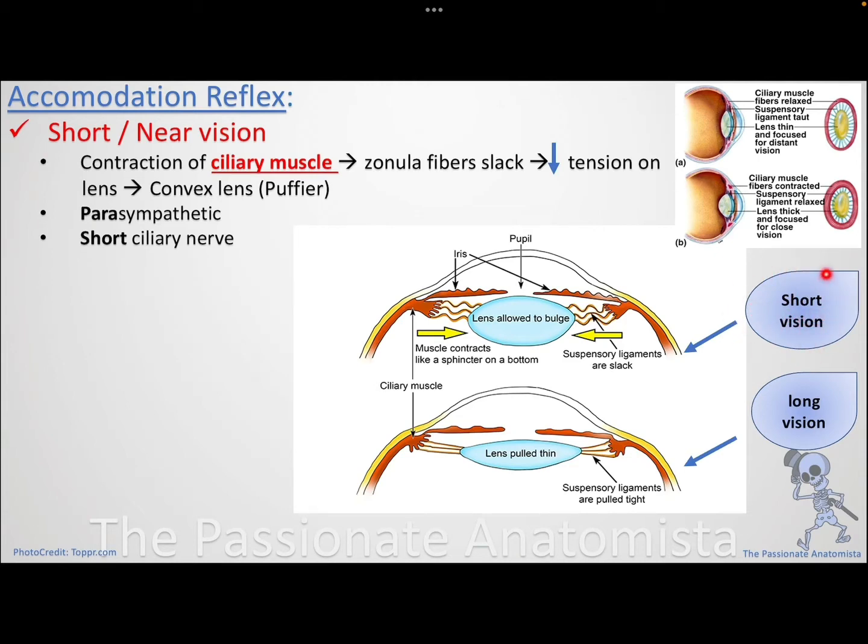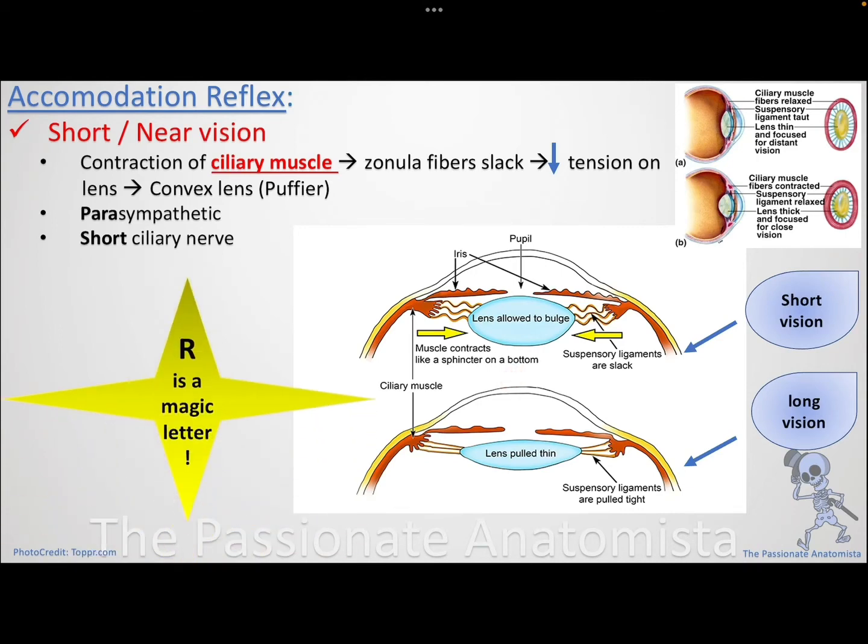For short vision, my lens is going to become puffier. The ciliary muscles are going to contract, the suspensory ligaments are going to become lax, and the lens becomes puffier. Now I can bring all these rays into a focal point on my retina so I can see nicely.